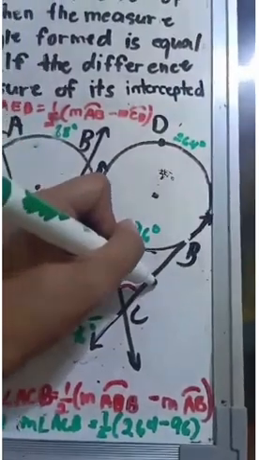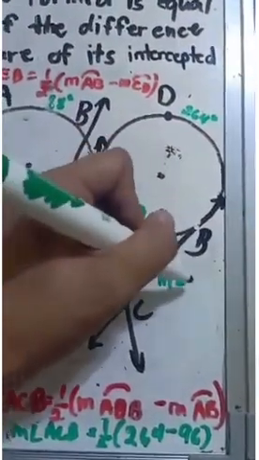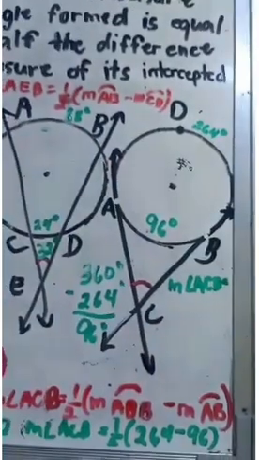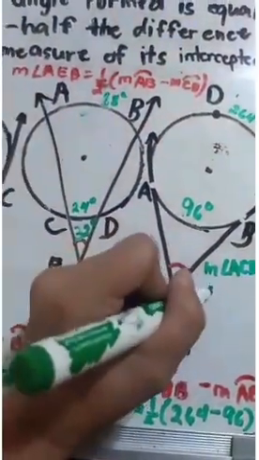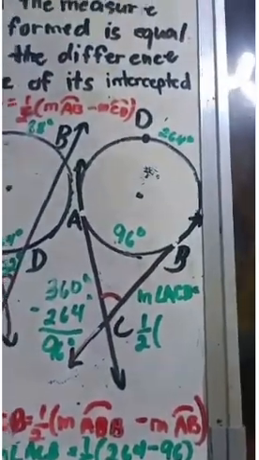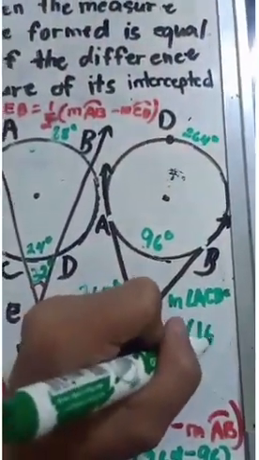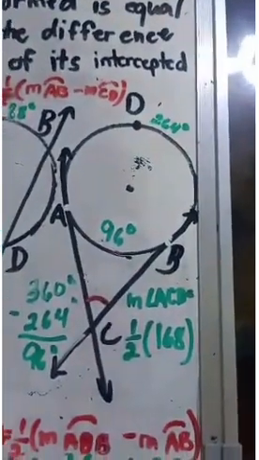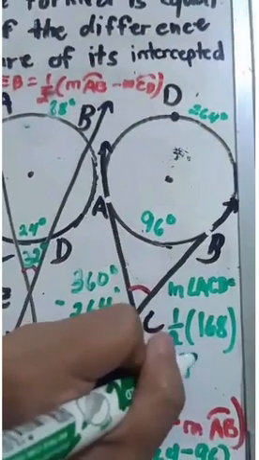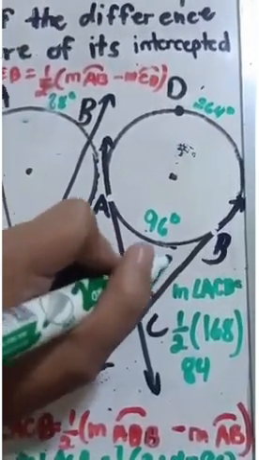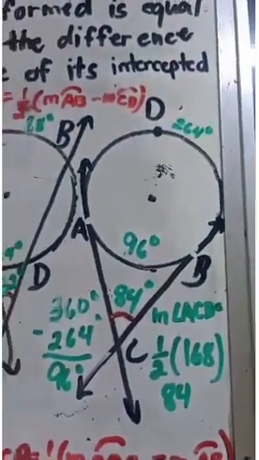Therefore, the measure of angle ACB is equal to 1/2 of 264 minus 96. It will give us 168. Then, we divide by 2: 168 divided by 2 is 84. So, the measure of this angle is 84 degrees. So, that's all.